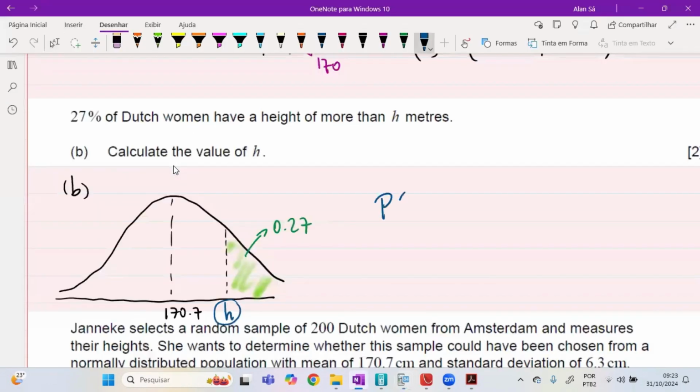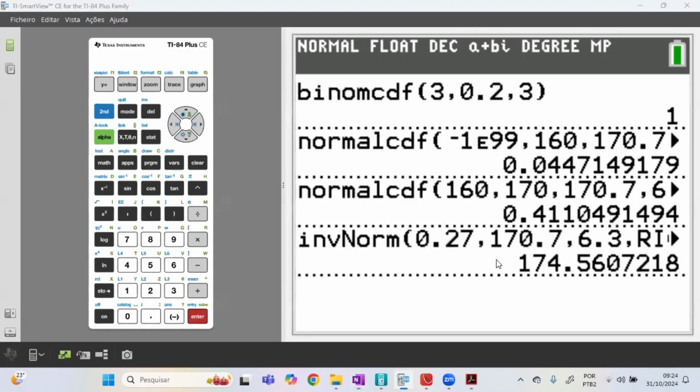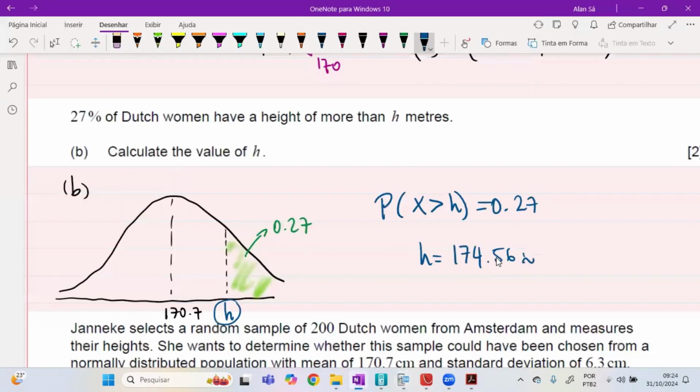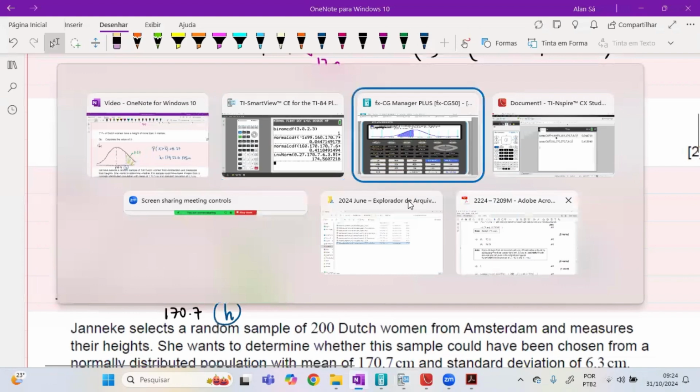So the probability that X is greater than h being 0.27 means that h is 174.56, which rounds to 175 centimeters. The same could be done in Casio.